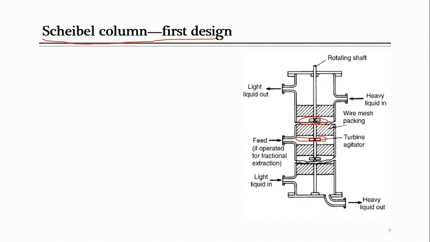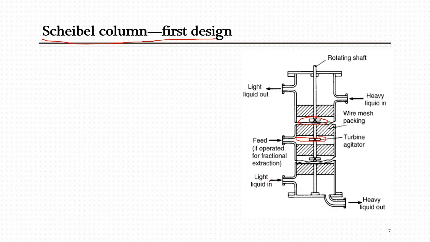He is calling it a turbine agitator. In the last lecture we saw various types of main rotating elements, and out of those, here it's using a simple turbine agitator. They are just simple flat plates connected to this shaft, and when it moves, definitely they will create agitation, and then the liquid passes through this packing, which is wire mesh packing.